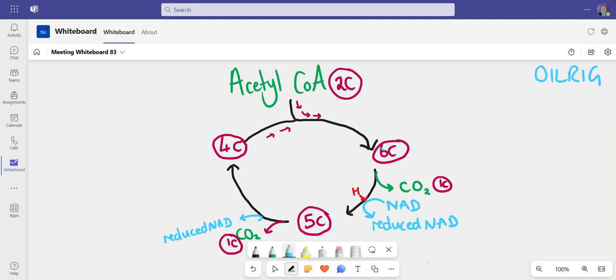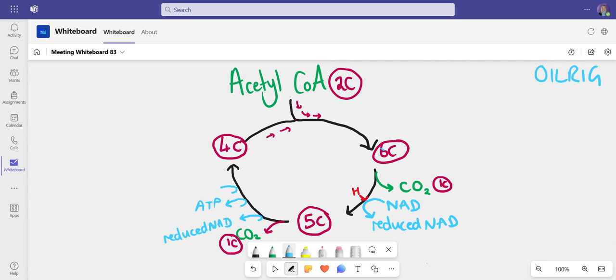Then we're going to go through a series of 4 carbon molecules because already it's down to 4, isn't it? As soon as it's lost that carbon dioxide, really. And one of the things that it's going to do is produce an ATP. So it would have made that from ADP and an inorganic phosphate, to make a molecule of ATP.